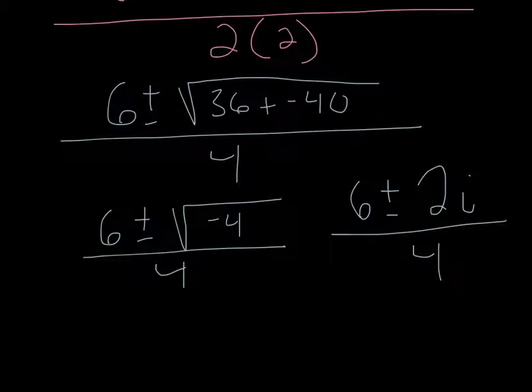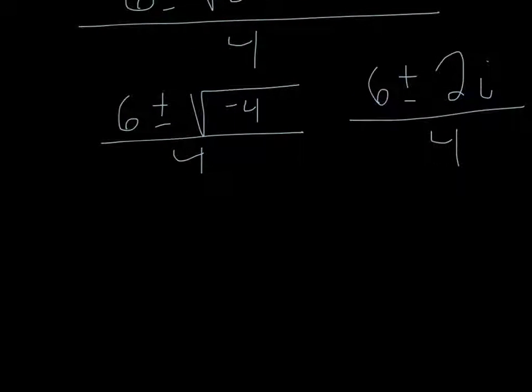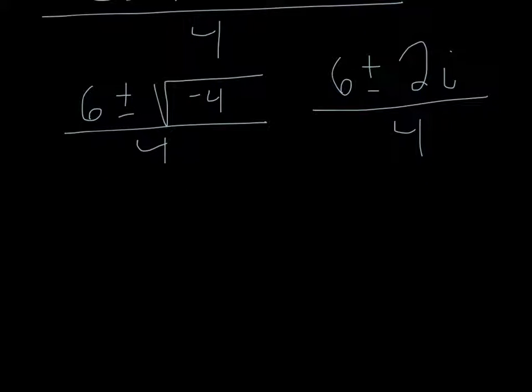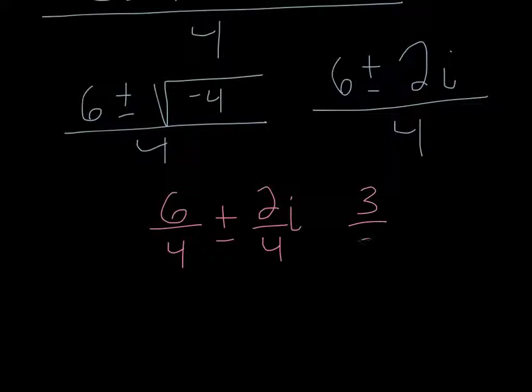Now, let's split this into two fractions: 6 over 4 plus or minus 2 over 4 i. Now, are we finished yet? 6 over 4 is 3 halves, plus or minus 1/2 i. So you could leave it like that.